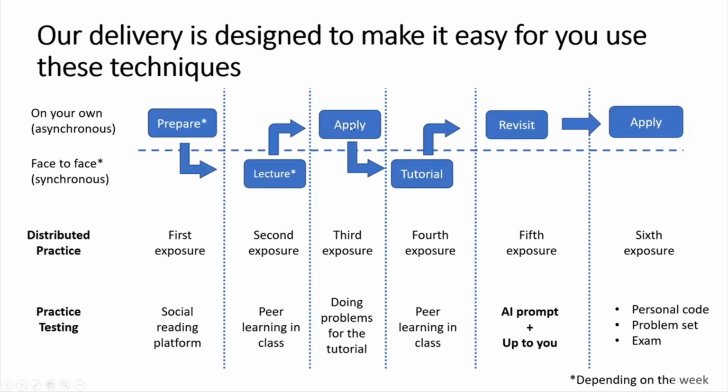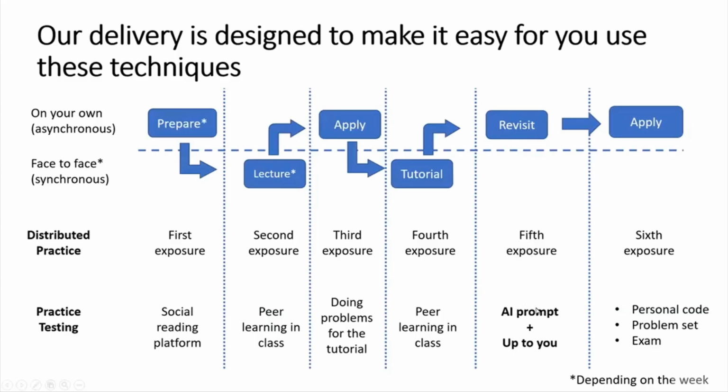After the lecture, you should be preparing your tutorial. As you prepare for your tutorial, you're actually trying to apply the material. That's your third exposure. As you prepare problems, you go to the tutorial where you go through the problems with your peers, fourth exposure. Then you revisit or reflect on it, a fifth exposure.